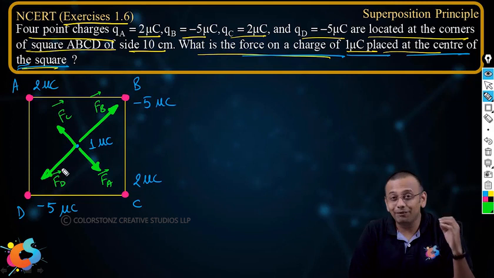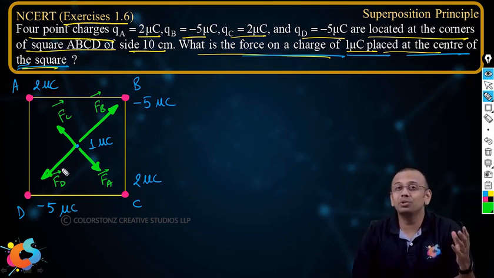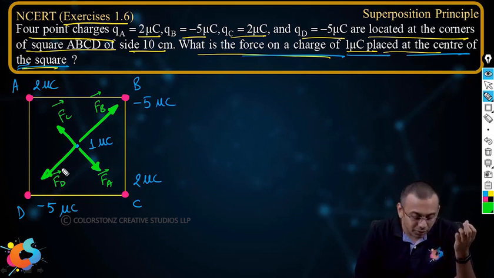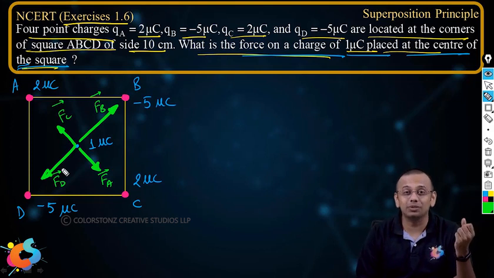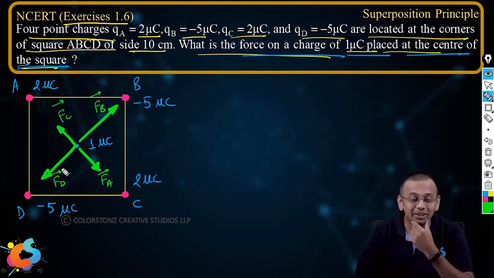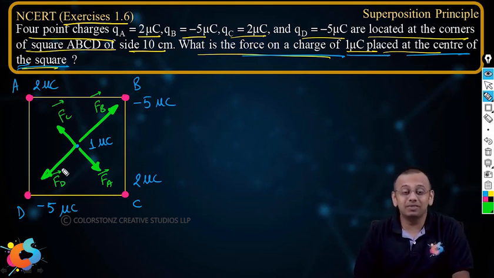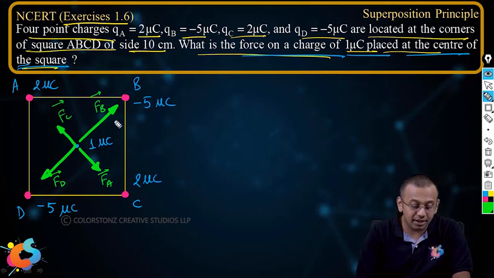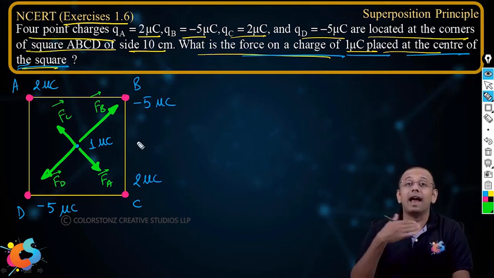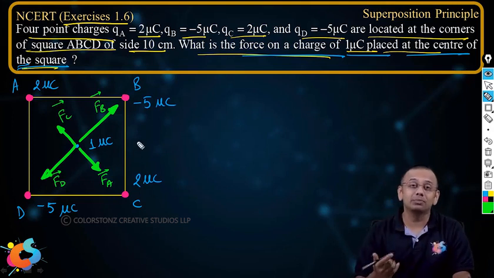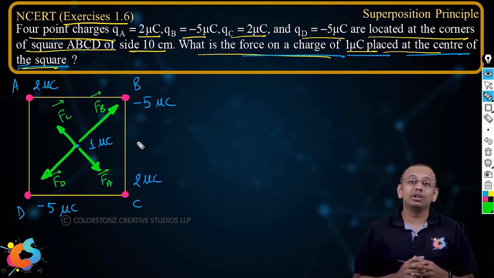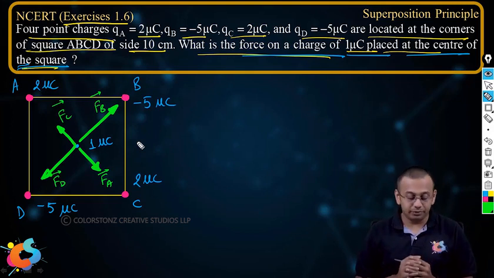Now, if you carefully look at the distribution of forces, they seem to be all cancelling out. And why is this happening? That is happening because of the symmetry here. It is very important to observe that and not just blindly start adding the forces. Suppose if you don't look at the force due to C and D and just blindly start adding up the force due to A and B, then that is going to become very, very lengthy.